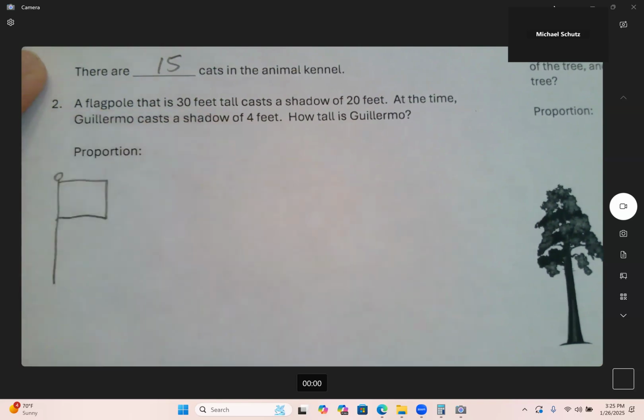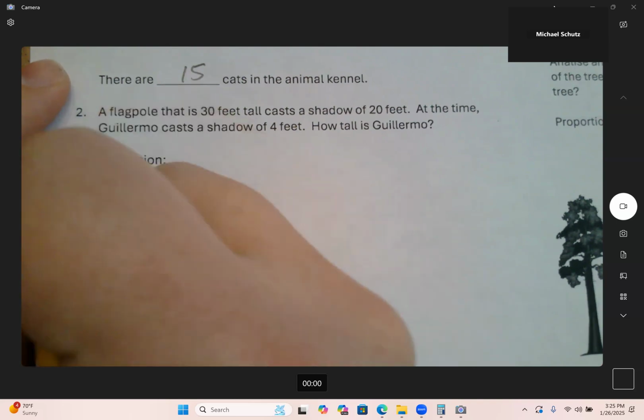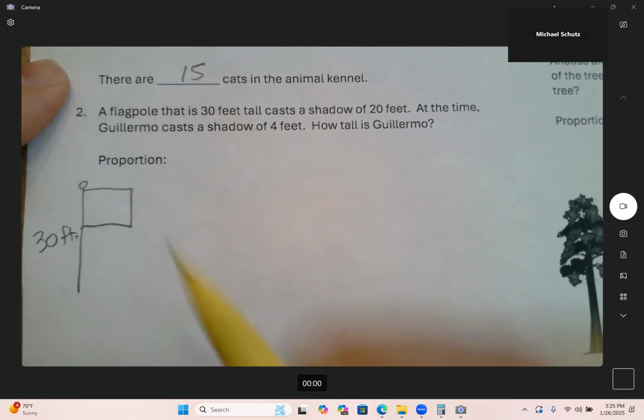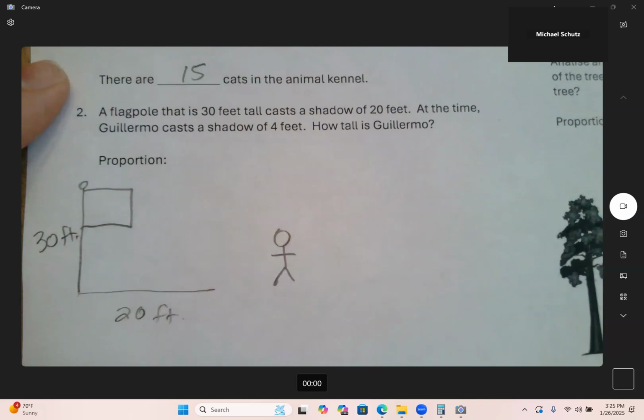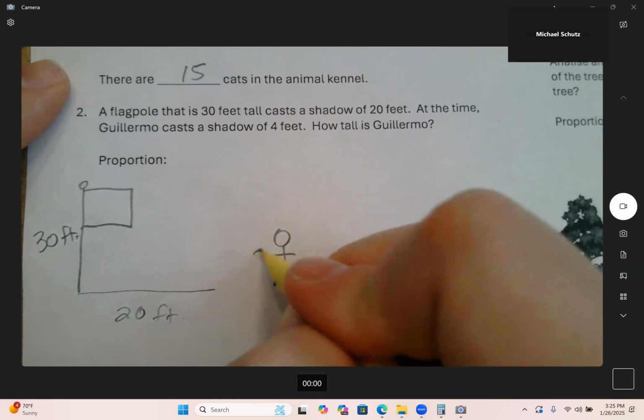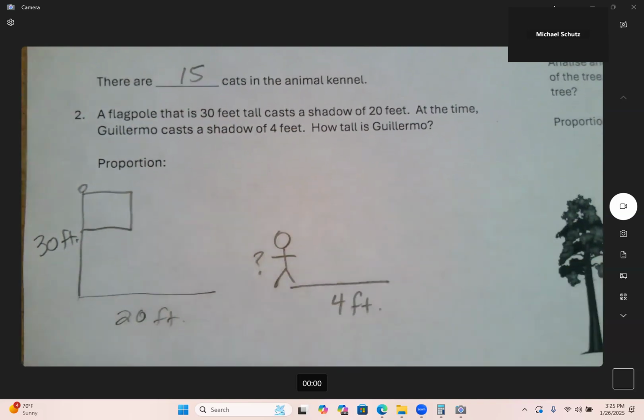It's 30 feet tall. And then here's the shadow. The shadow is 20 feet. Then over here we have Guillermo. I don't know how many feet tall he is, but his shadow is 4 feet, like that.